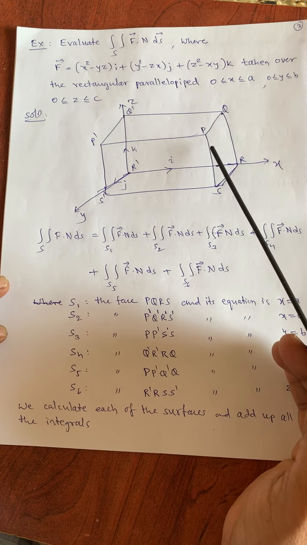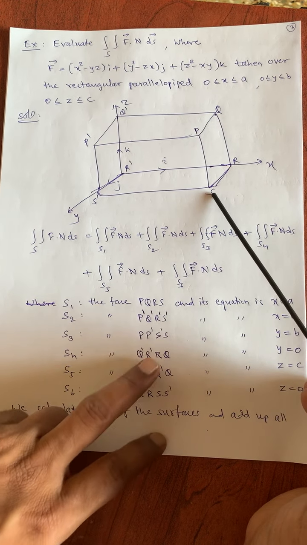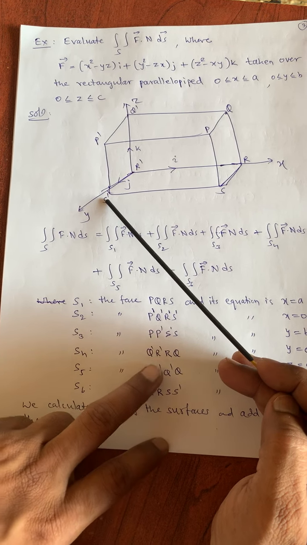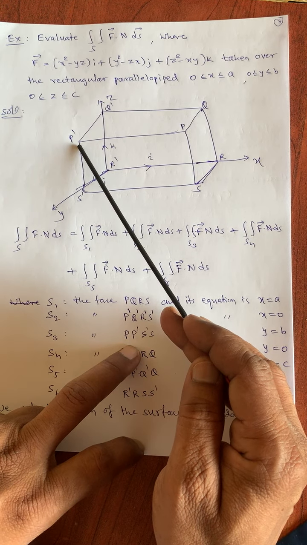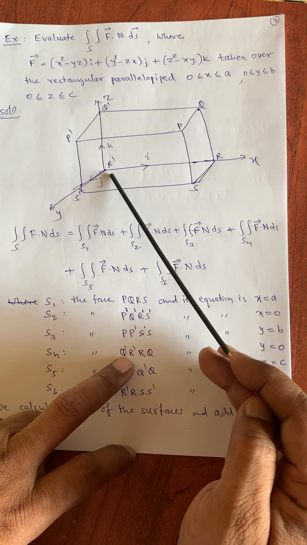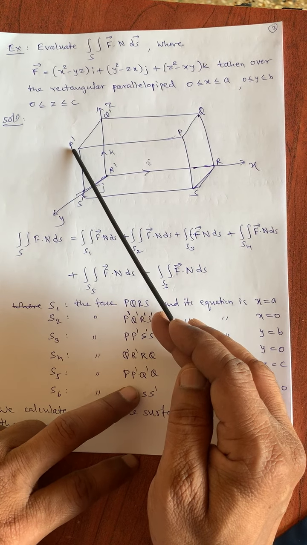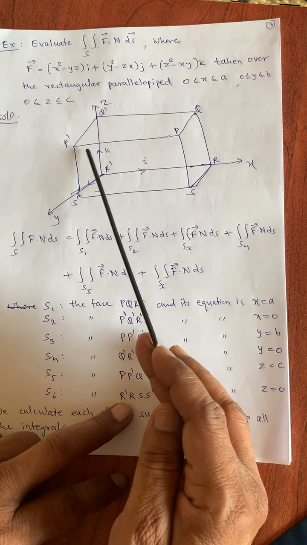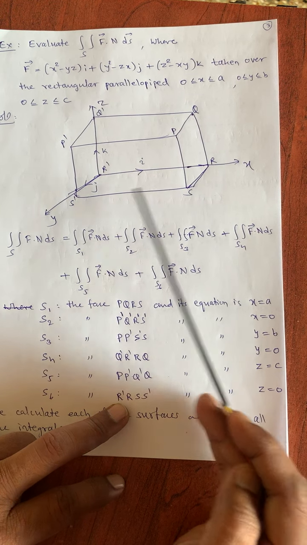In this, the 6 faces are PQRS, P'Q'R'S', PP'S'S, Q'R'RQ, PP'Q'Q, and R'RSS'.